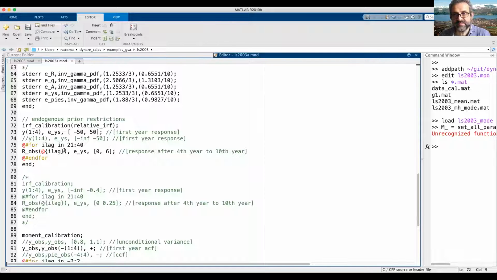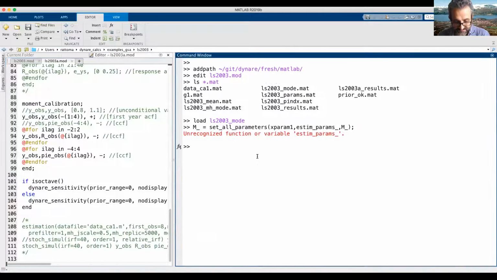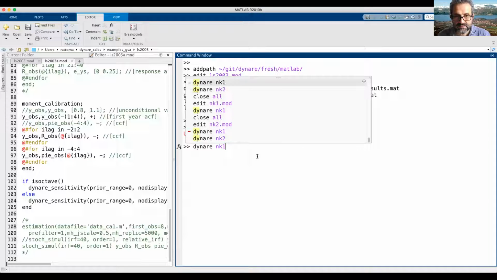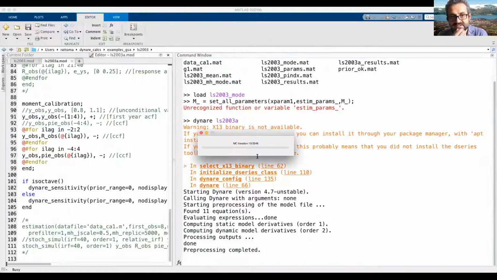And so this implements exactly what happened in the presentation. And so you may run it. Run it. All right, it's not in the workspace because I didn't run it, I think.